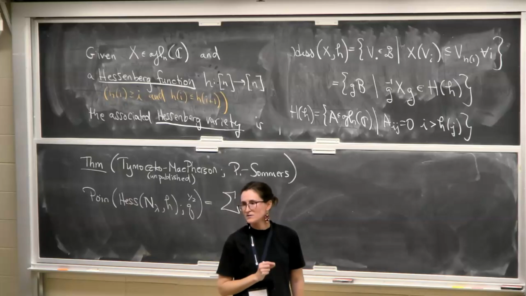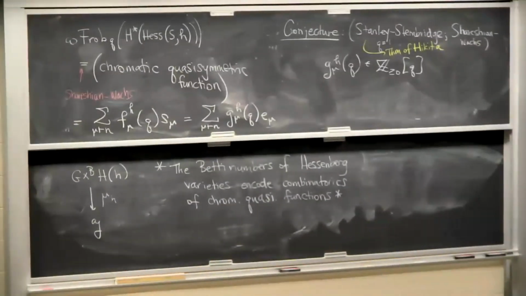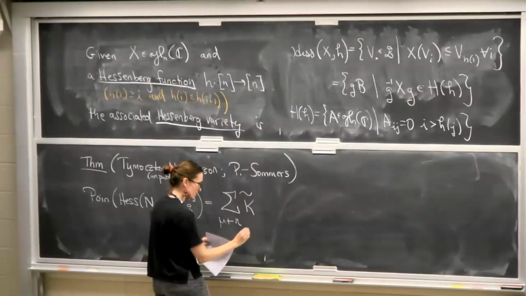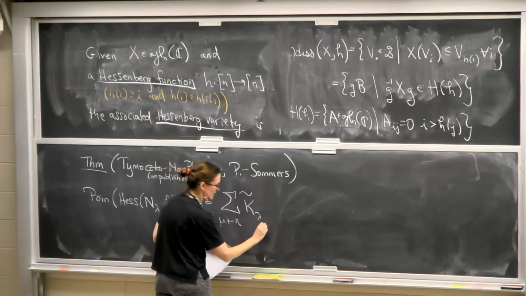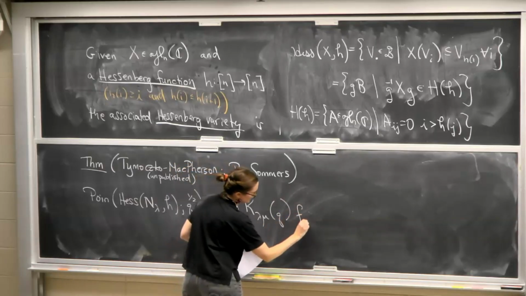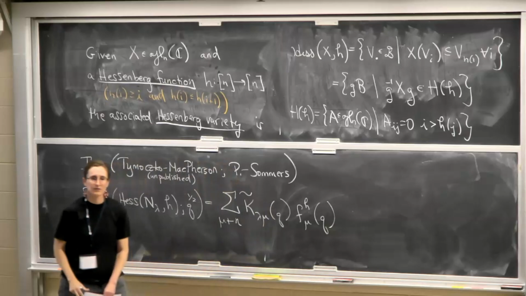Those are polynomials in q with non-negative coefficients. And in fact, you can take this Poincare polynomial and write it as a sum over the partitions mu of n of a polynomial K tilde lambda mu of q multiplied by the f mu upper h of q.